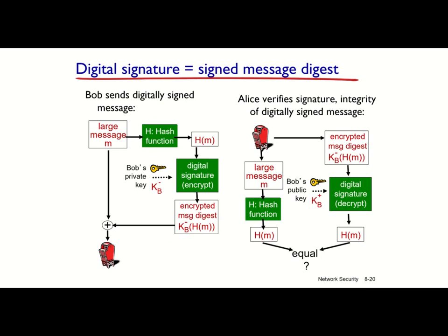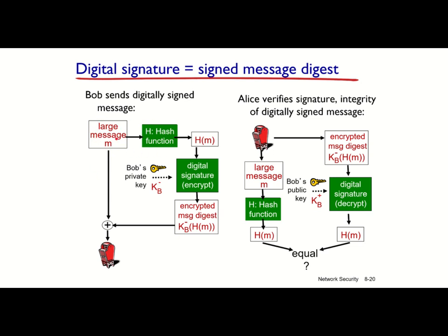So let's see how hash functions can optimize the process of digitally signing a message. Instead of signing the actual message, we sign the message digest that is produced by the hash function. So in this example, look at this diagram.